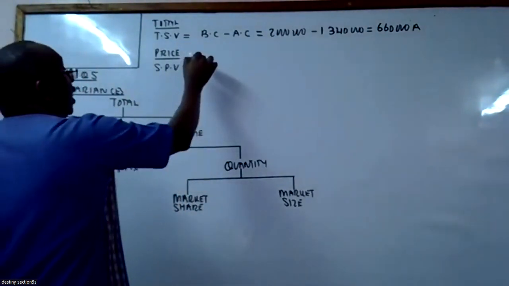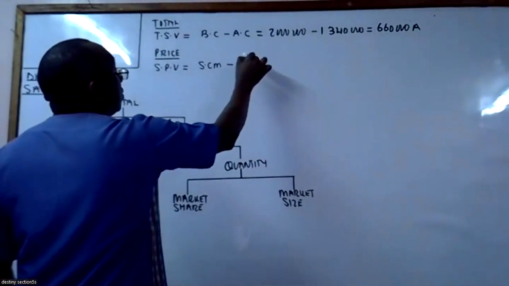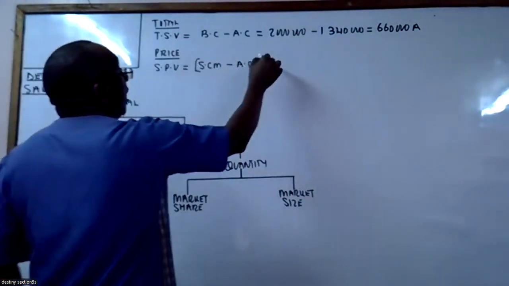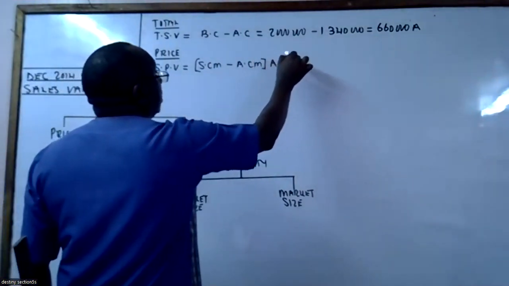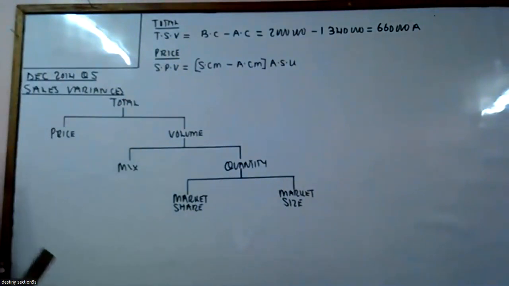We talk of standard contribution margin minus actual contribution margin, you multiply by actual sales units.